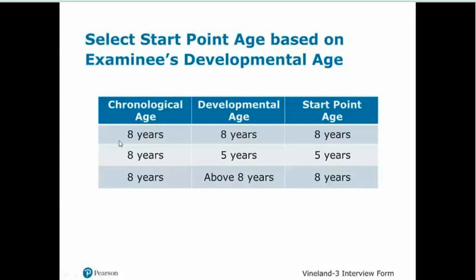If you have an 8-year-old who's developing their adaptive behavior as a typical 8-year-old, that would be fine, an 8-year-old start point. But if that 8-year-old is functioning more like a typical 5-year-old with relation to self-help skills, 5 years of age should be the start point that you use on the Vineland.